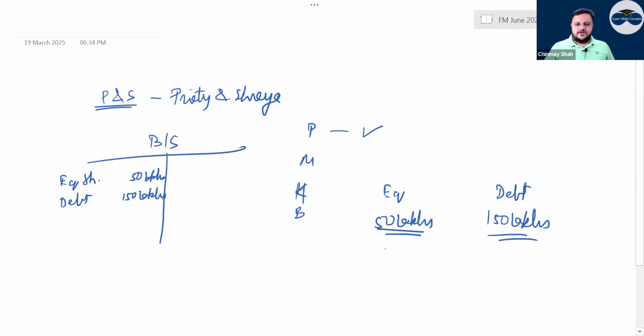So we said here 20% was the required return, correct? So how much was the return that you will get? Tell me. 50 lakhs into 20%. How much is the return?